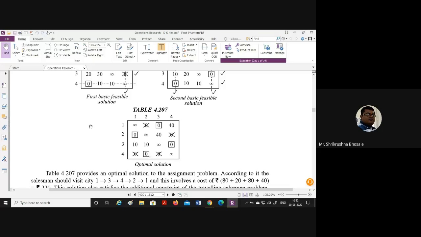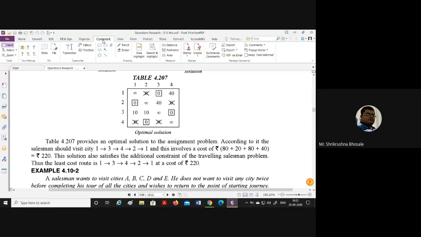Then from city 3, he will go to city 4. From 4, he will come back to city 2. And from city 2, he will come back to city 1. So this is where the cyclic route is represented.